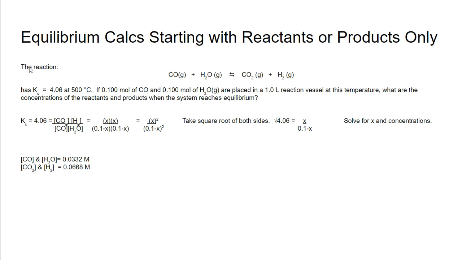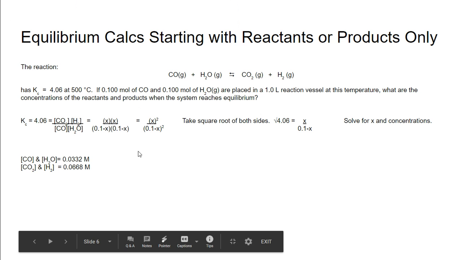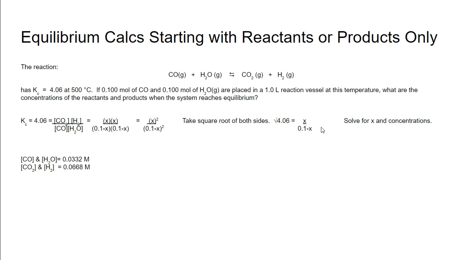Then tomorrow we'll talk about more. This is the easiest type of problem there is, where we can take the square root of both sides. Tomorrow we'll talk about Q, the reaction quotient, and RICE tables. Q will tell you, if we start with a specific concentration of reactants and products, which direction the equilibrium will shift.